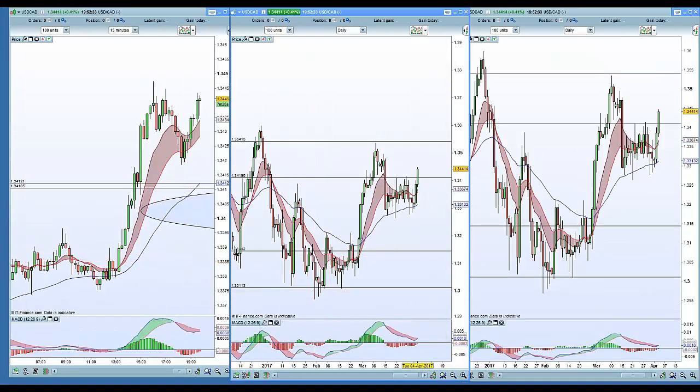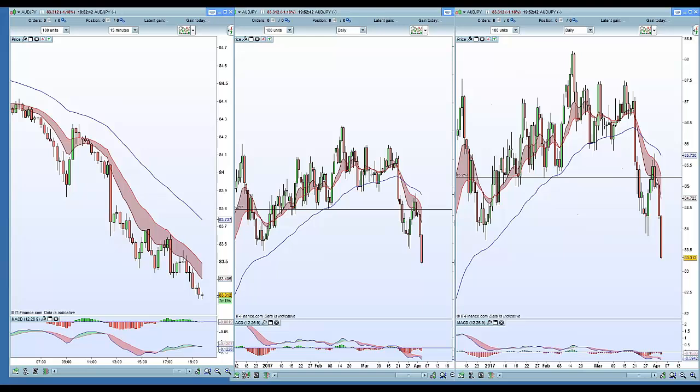Okay, so this was dollar CAD. Now Aussie yen. Let's go to Aussie yen. As always, you've got to always cast your eyes on the economic calendar, because it can change everything that I just said, especially when it comes to fundamental news.